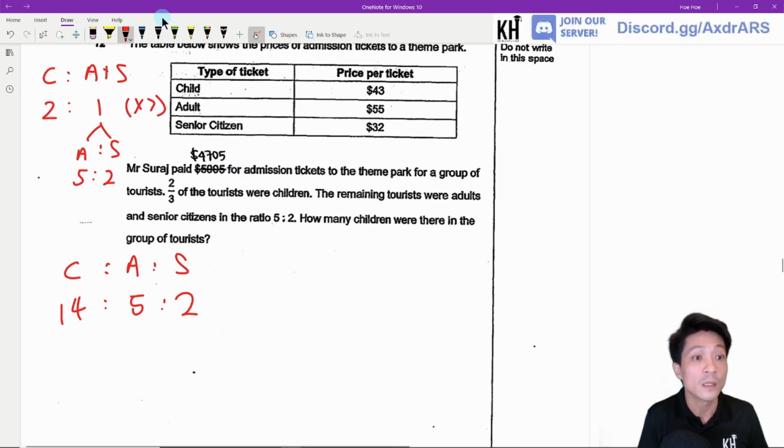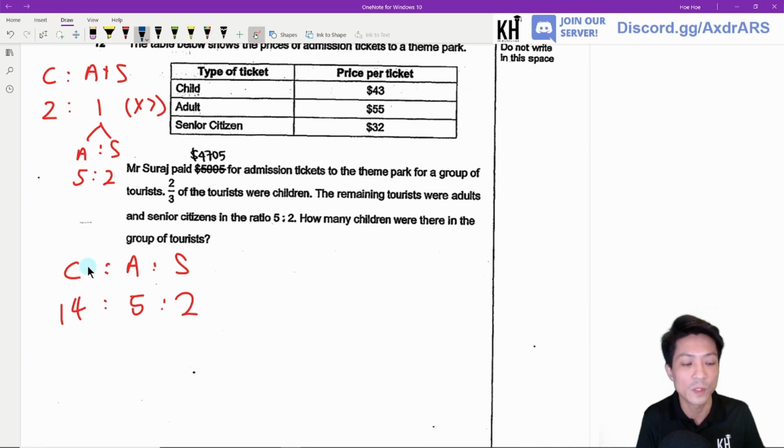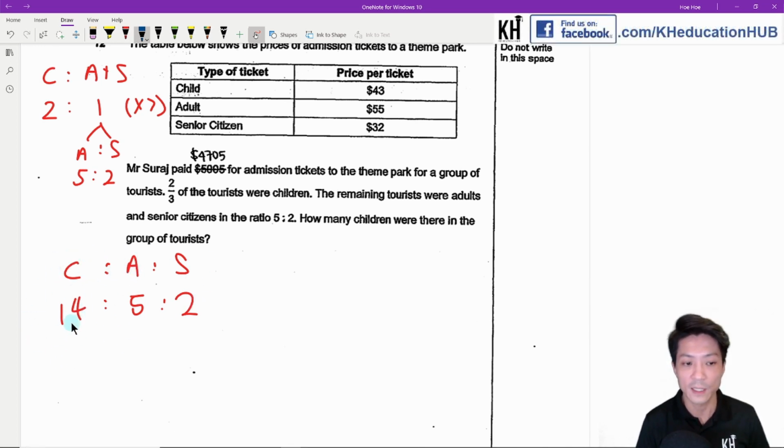So for this question we also need to use the grouping method. Treat one group to have exactly 14 children, 5 adults and 2 senior citizens.